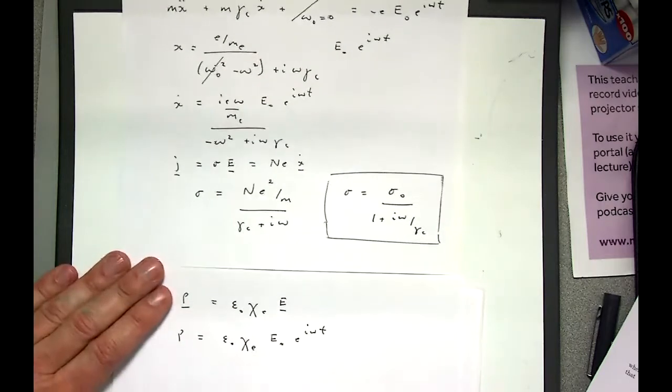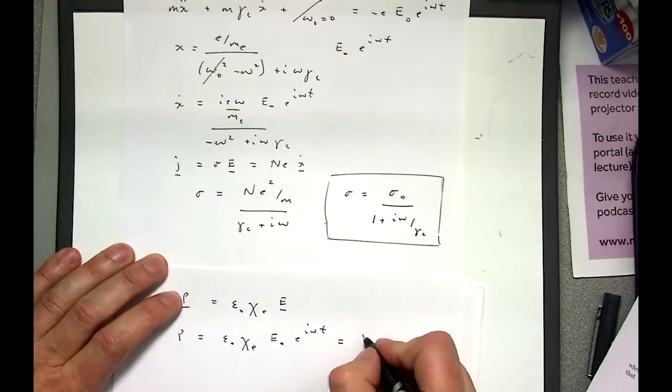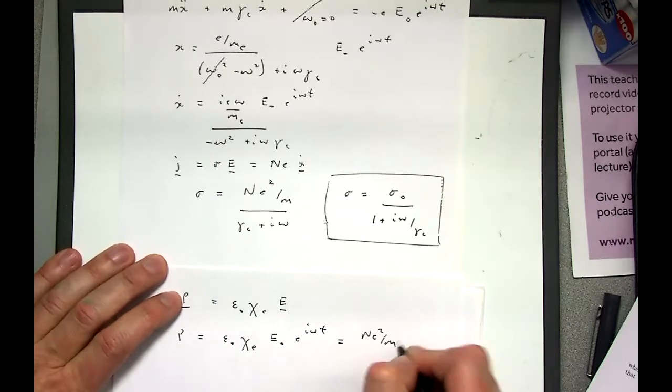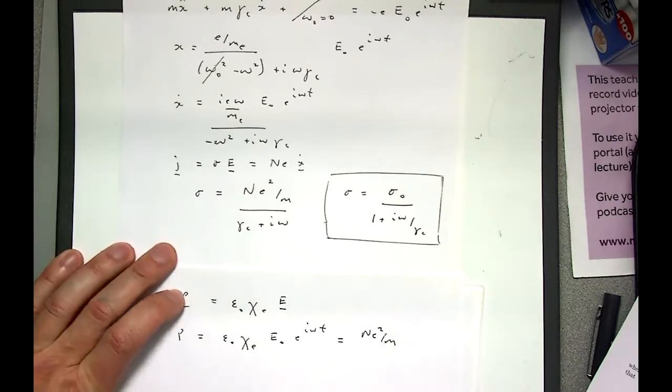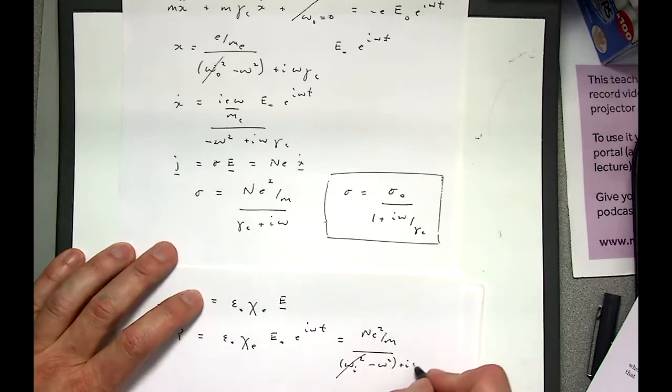So this is just the same as we had for the dielectric. But now we have N e squared over m. That was the model we got up here. And again, just to show the comparison, I'm going to write in a term and then immediately delete it so you can see how it relates to the dielectric model.